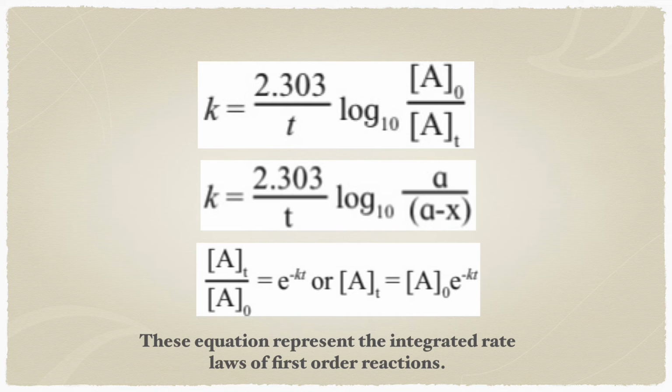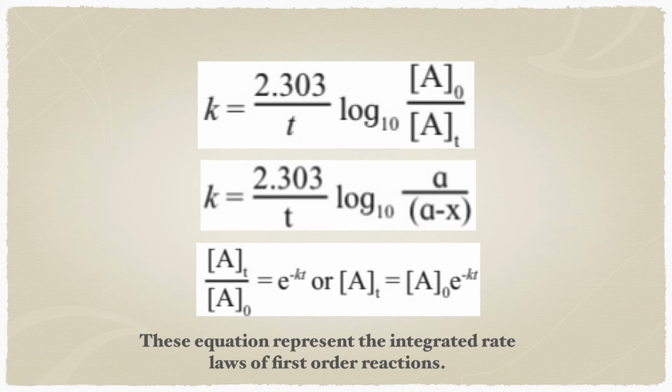That is, k = (2.303/t) log to the base 10 of [A]₀ upon [A]ₜ. Second, k = (2.303/t) log to the base 10 of a upon (a − x), where the initial concentration was taken as a. Therefore, the final reactant which was left unreacted was a − x.